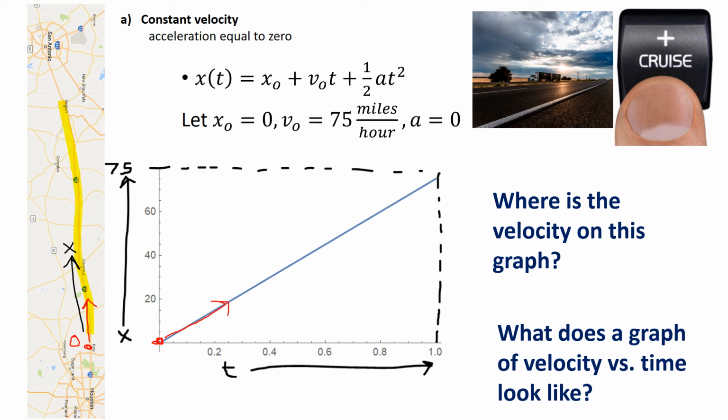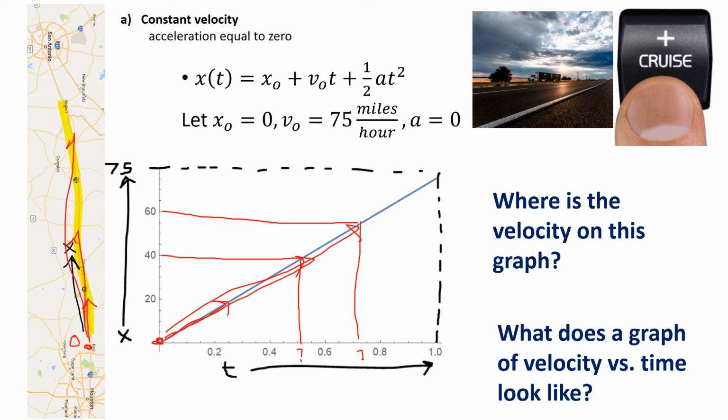So you can ask yourself, how long does it take for me to travel 40 miles? How long does it take me to travel 60 miles? So as you're traveling down the highway and getting farther and farther, that's what that graph looks like. Now we'll pretend like it's just a nice straight line.